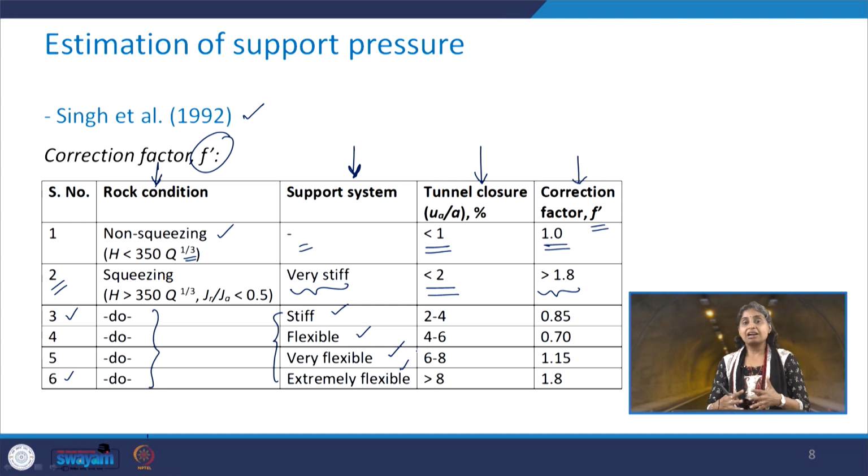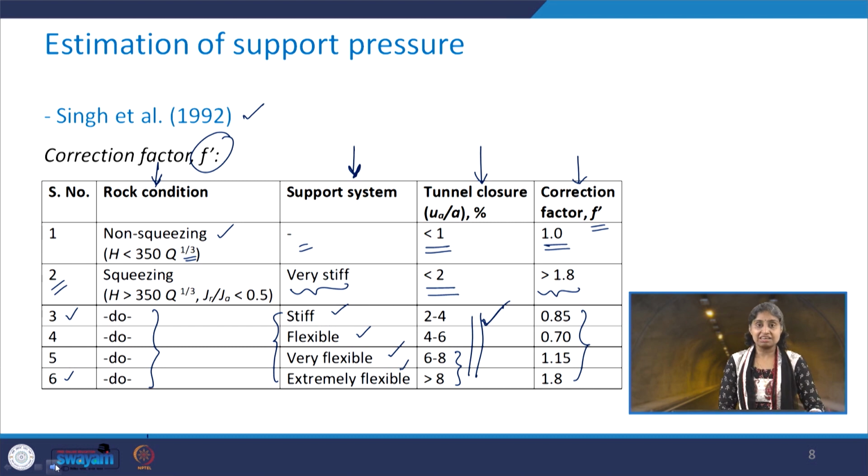The thing is that when you have a very stiff support system, the tunnel closure will be low. In case you have a very flexible support system, then you will have larger tunnel closure as indicated here, and accordingly the correction factor F prime value can be assigned based upon the magnitude of the tunnel closure.